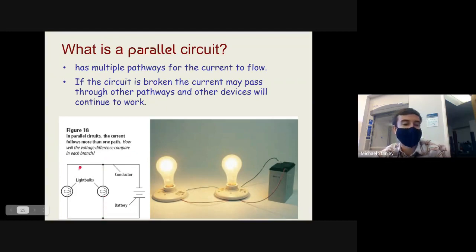Same thing if one of these wires broke or this light bulb burned out, you'd still have a circuit because the electricity could go through this smaller circuit right here. So with these parallel circuits, you're able to have multiple different pathways for the current to go, which means if one pathway breaks down, it won't necessarily affect the other pathways.